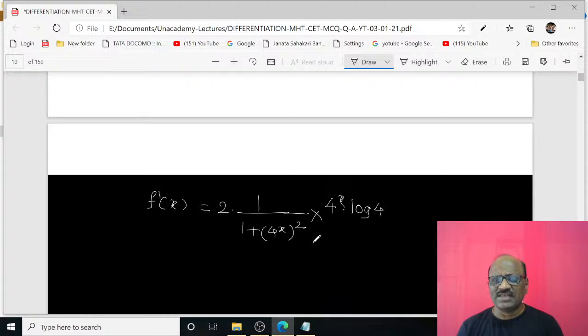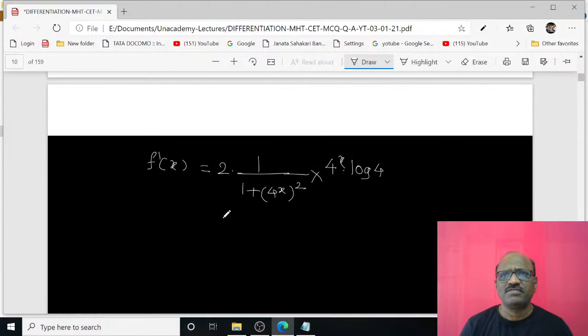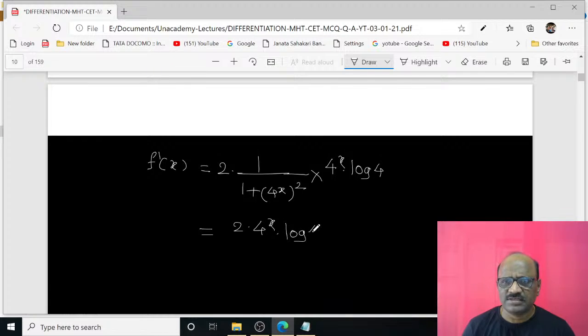And now this can be written in a different form. We can write here 2 into 4 raised to x into log of 4, as it is, divided by 1 plus 4 raised to 2x.